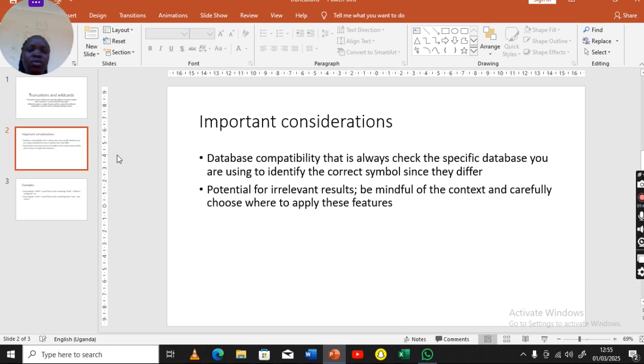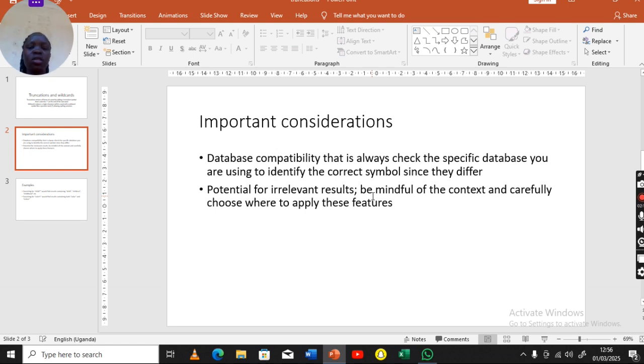When we go to the important considerations when you're using truncations and wildcards, you should always consider database compatibility. That is, always check the specific database you are using to identify the correct symbol, since they differ.